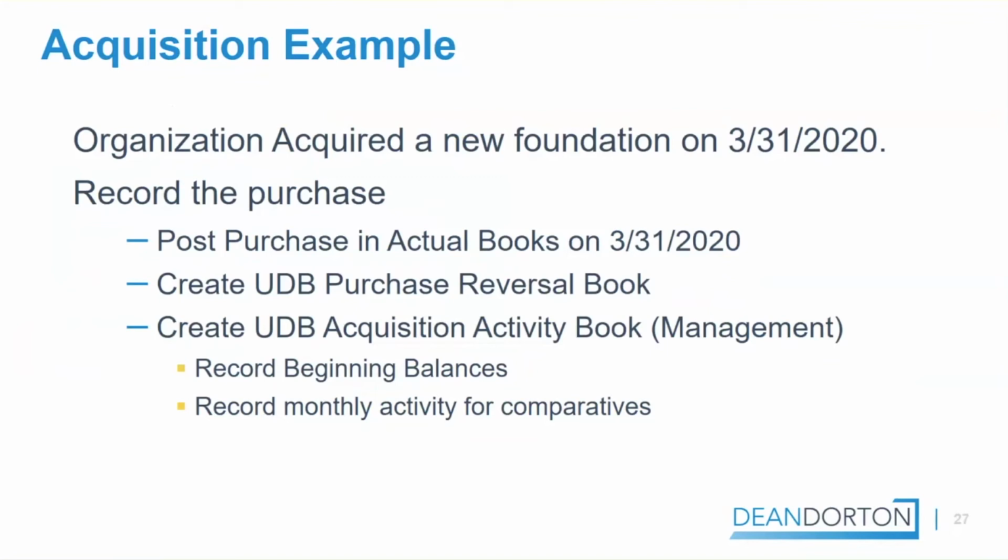So we're able to get those comparatives right away, as opposed to starting with nothing, just taking on that balance as of 3/31 when the acquisition took place. You'd have to wait a whole year to have enough data compiled into Intacct in your live production environment in order to get any meaningful comparative reporting.